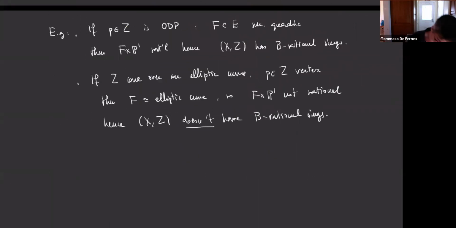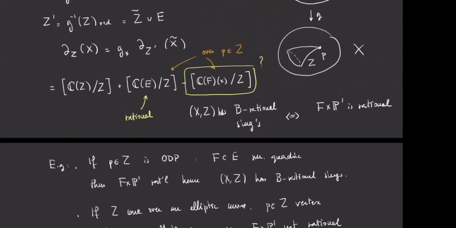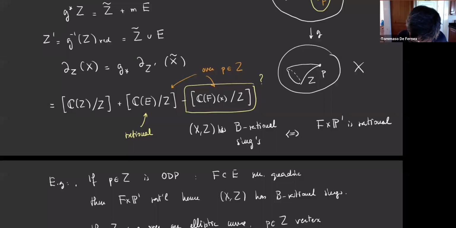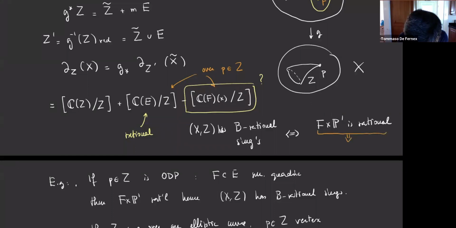Let me give another example. Excuse me, Tommaso, just a small question. The fact that F cross P1 is rational, is it related to, maybe I'm wrong, stable rationality? Exactly. This condition here implies that F is stably rational.